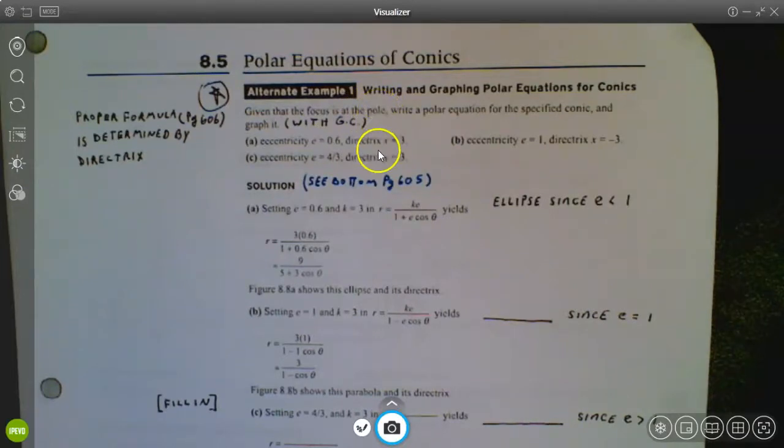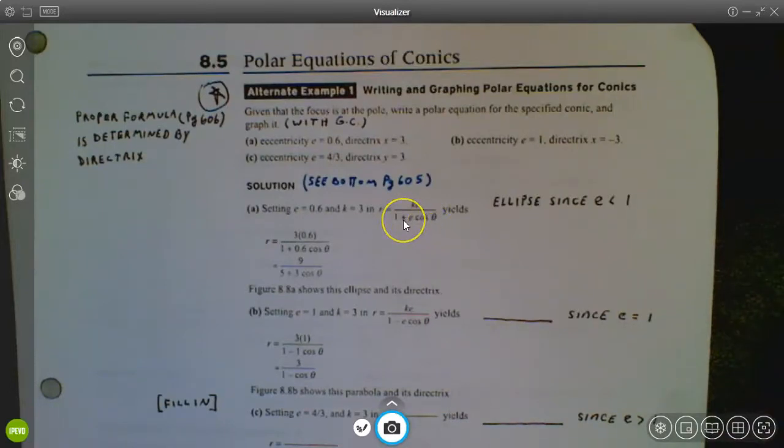So if it's at 0, 0, and my directrix is to the right of that, at x equals 3, then my graph must be opening to the left. And that's why they picked this formula that says 1 plus e cosine theta. If your graph opens to the right, as you saw on that book page that we were just looking at, then it's going to be 1 minus e cosine theta.